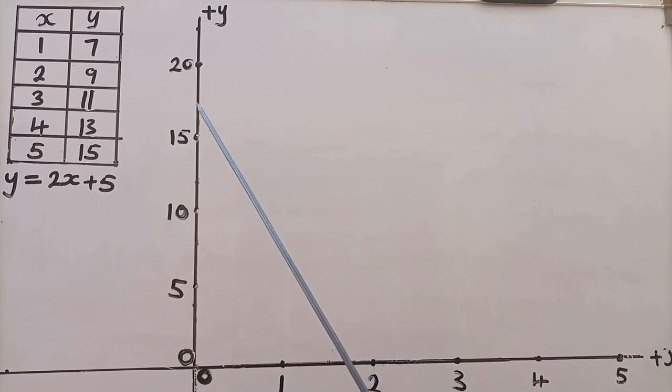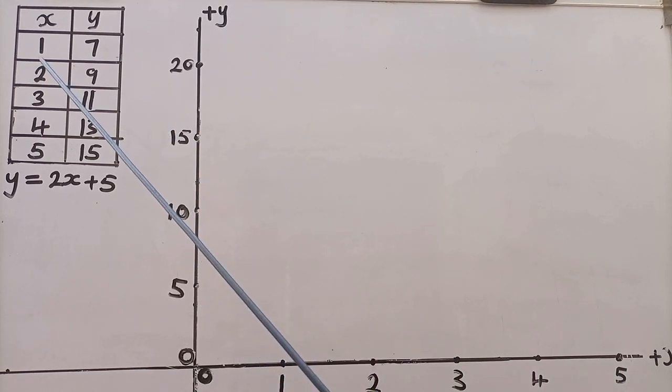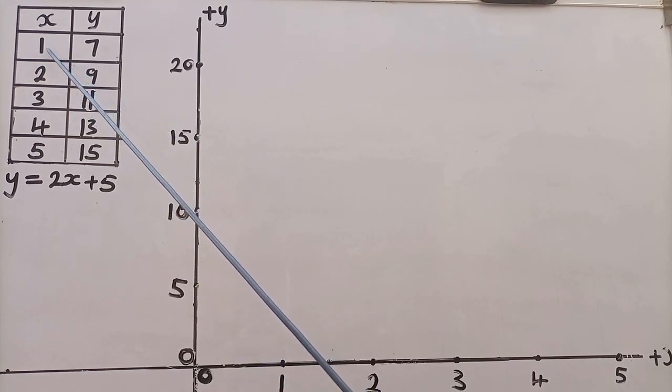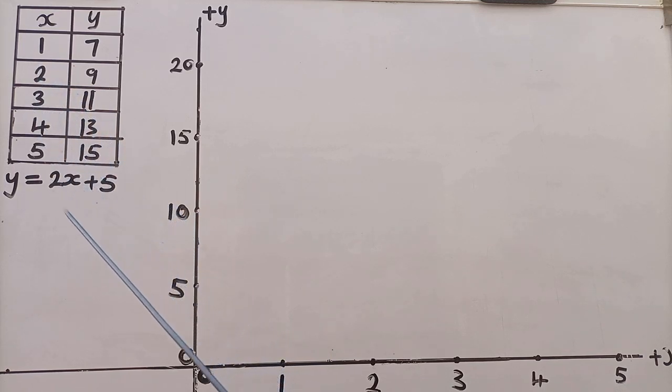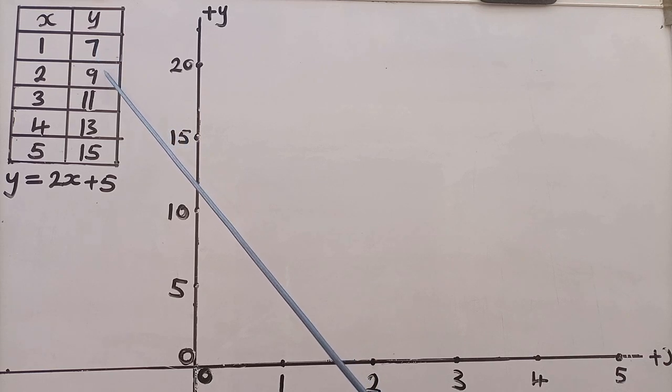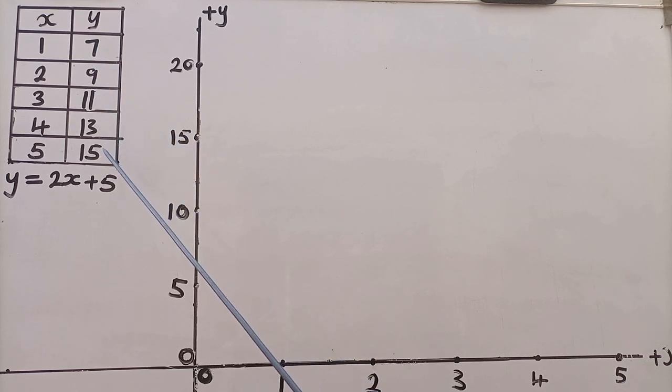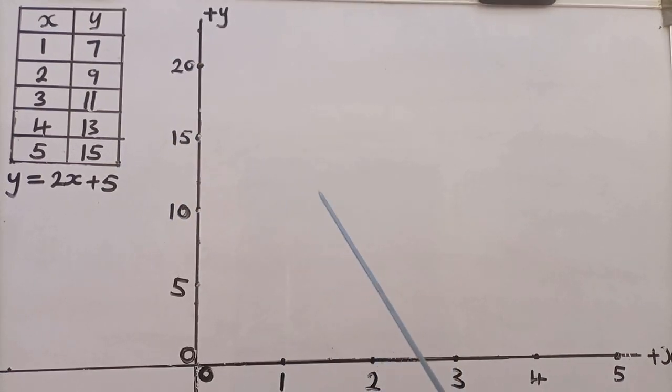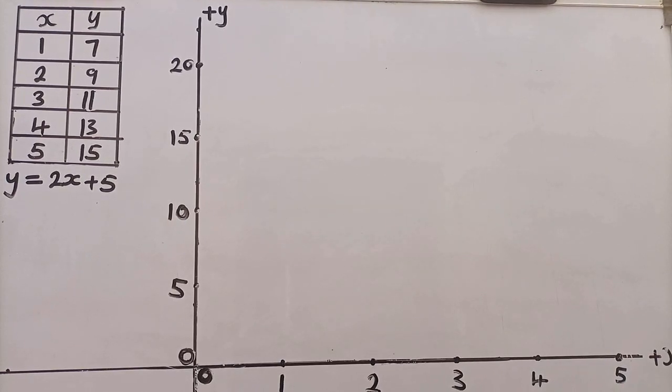Now, the question is, if we find it easy to locate 1, 2, 3, 4, 5 on this x-axis, how do we locate 7, 9, 11, 13, and 15 on this axis? We are going to do it by approximation, but later we're going to do it with some level of precision. But for now, we stick to approximation of positions.